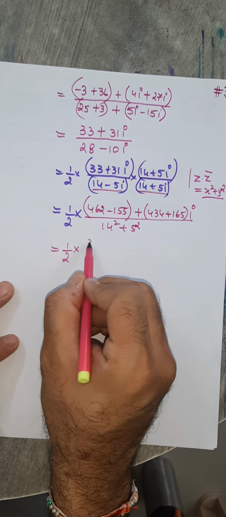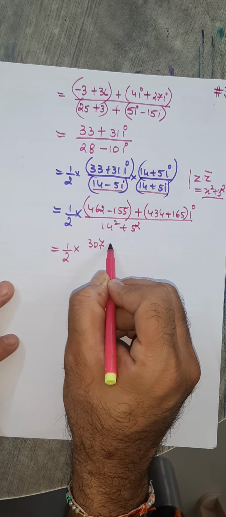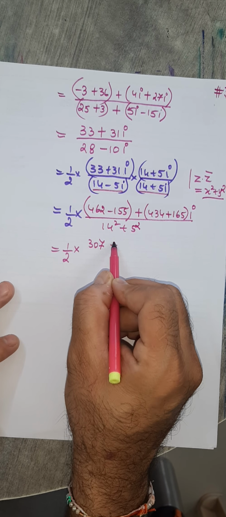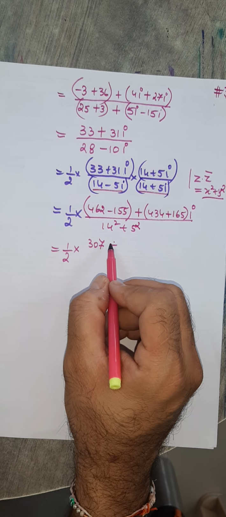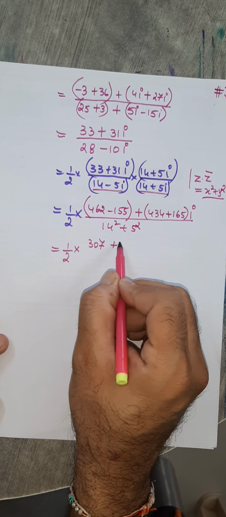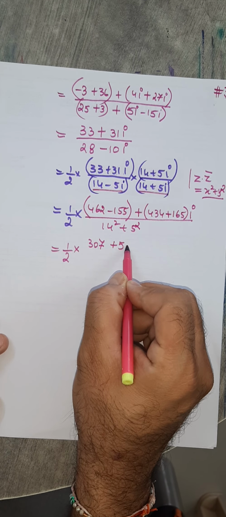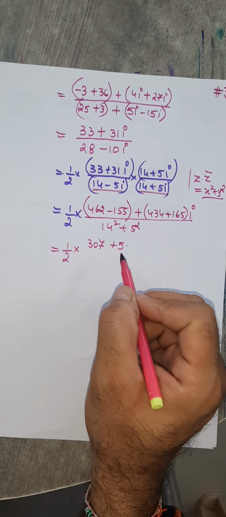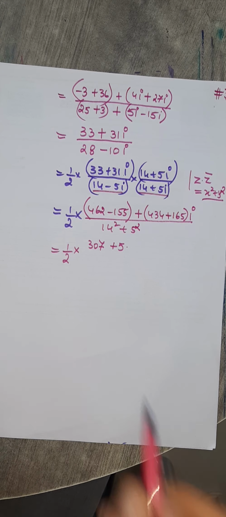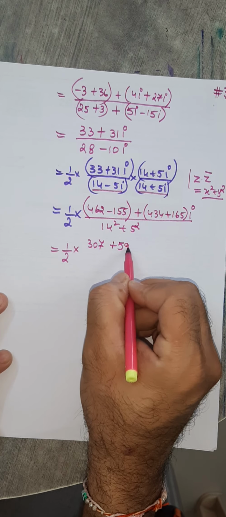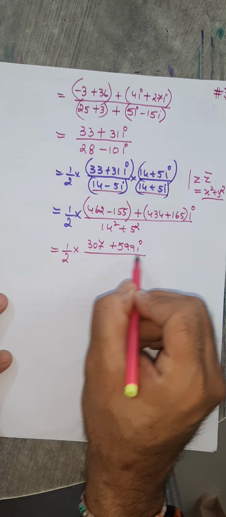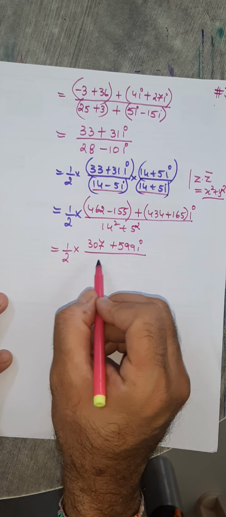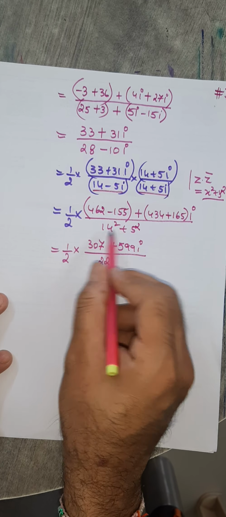Here, this is nothing but 307 plus here, this is nothing but 5, this is 599 iota upon, this is nothing but 221 if you add these two.